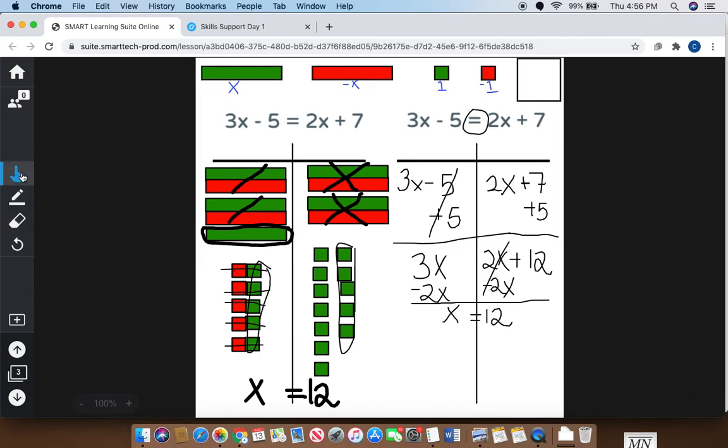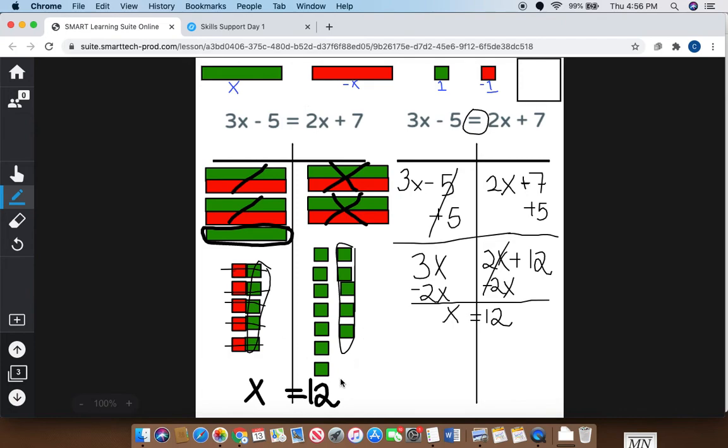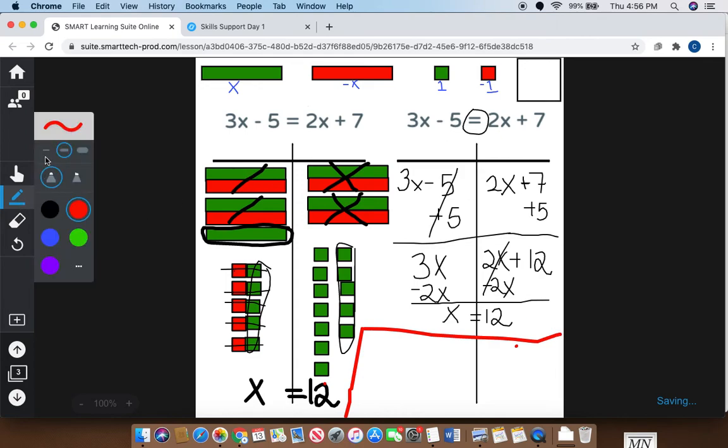Two slightly different methods. Now we can do a quick check. I'm going to do a quick check here. On the bar, okay. And how do we do that? Well, let me make this a little bit smaller. This is saying that if x equals 12, then this statement here is true.